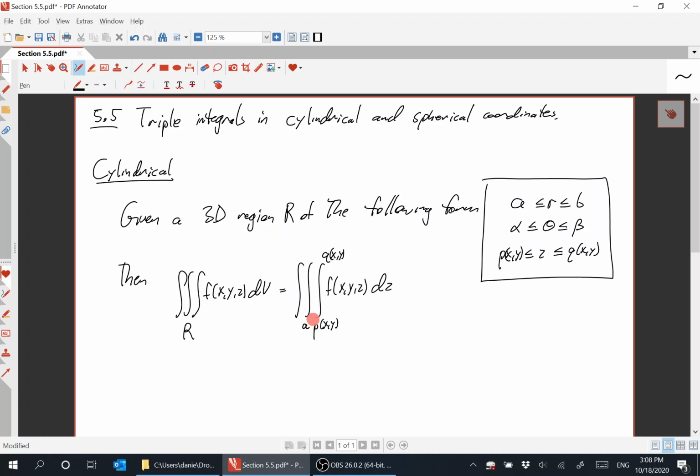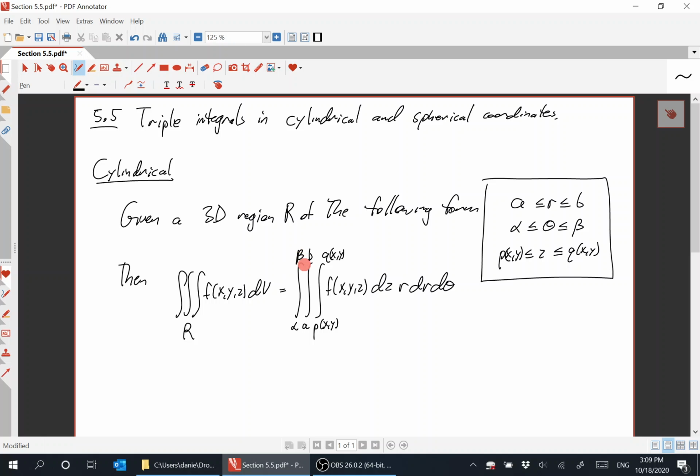But then after that, you proceed, r dr d theta, by polar coordinates. So you do a triple iterated integral, rather than double iterated.